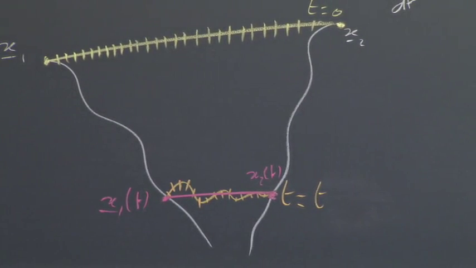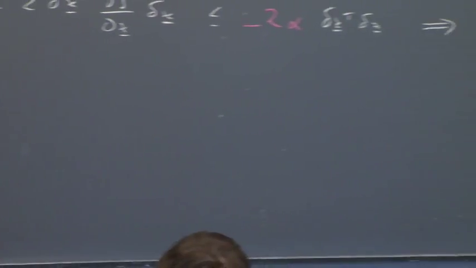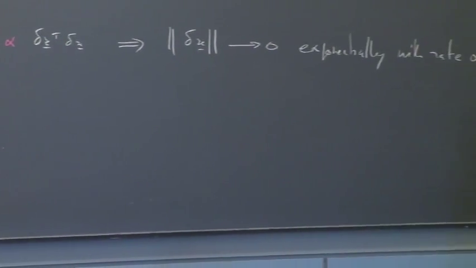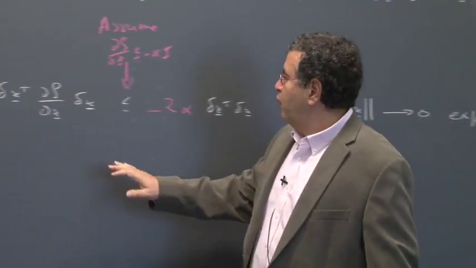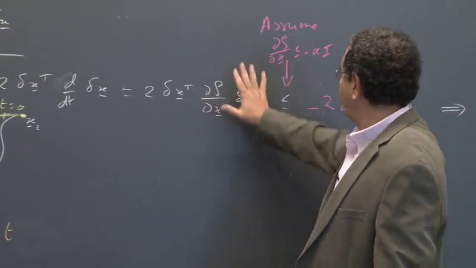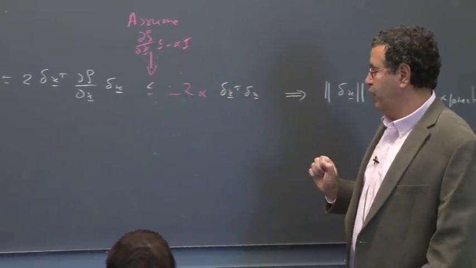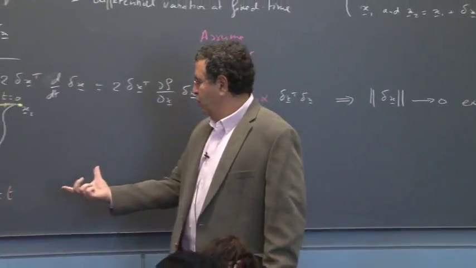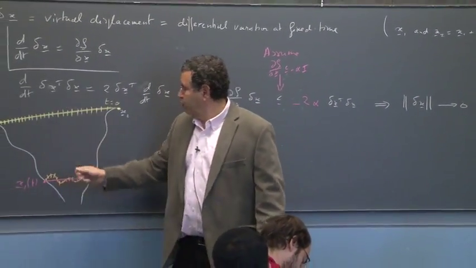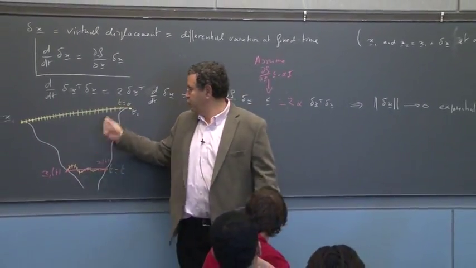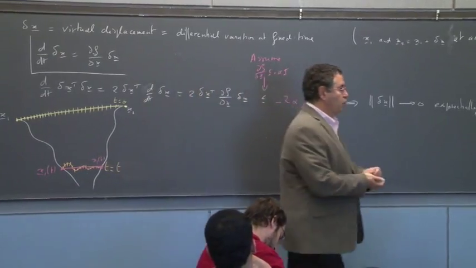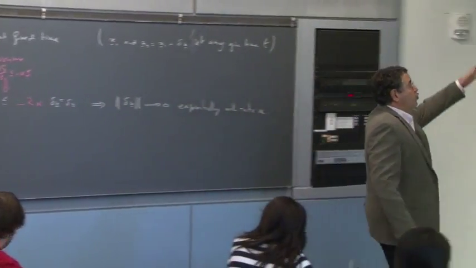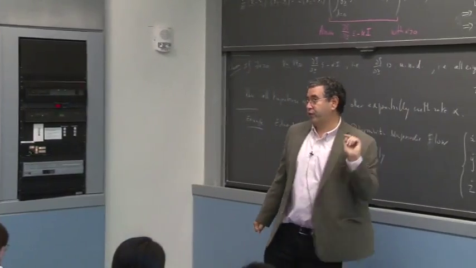So if you have this differential condition, that the Jacobian is uniformly negative definite everywhere, then it will be true that the distance between any two trajectories tends to 0 exponentially, as of course we've already proved in two different ways.